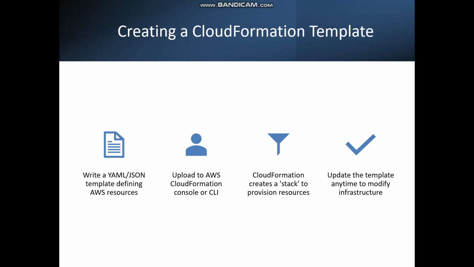CloudFormation then uses this template to create a stack, a collection of resources that it manages as a single unit. When you need to make changes, simply update your template or redeploy. It will automatically apply the modifications.